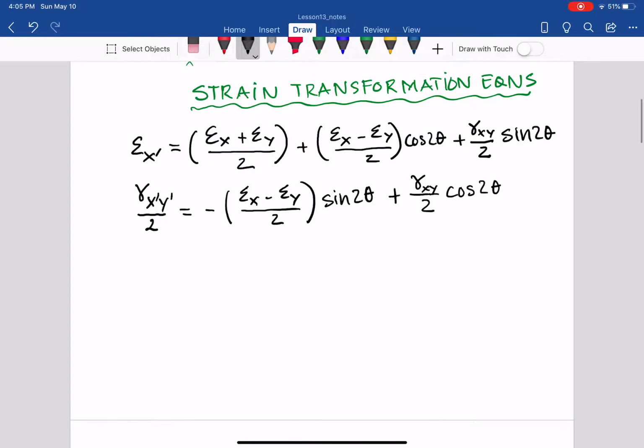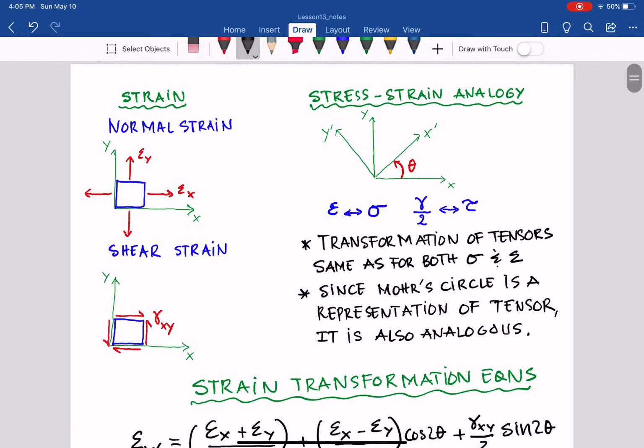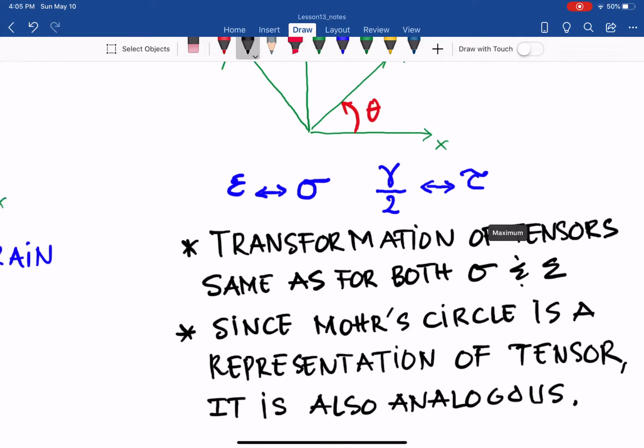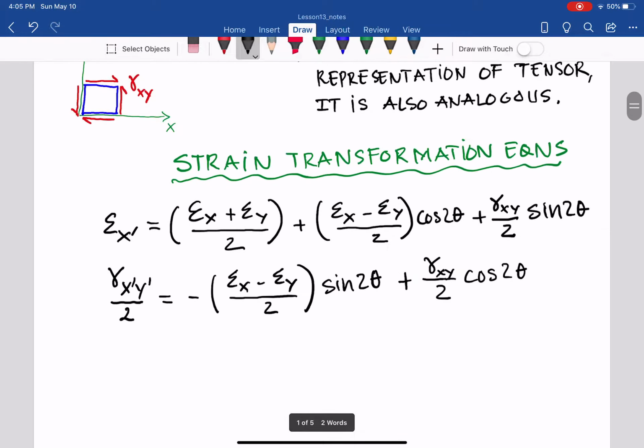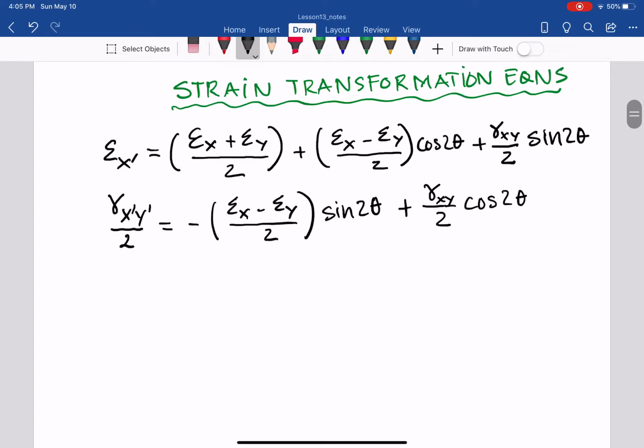So that is the equation for strain transformation based on the stress transformation with the analogy that we just talked about. Similarly, we also have the principal strain equation.